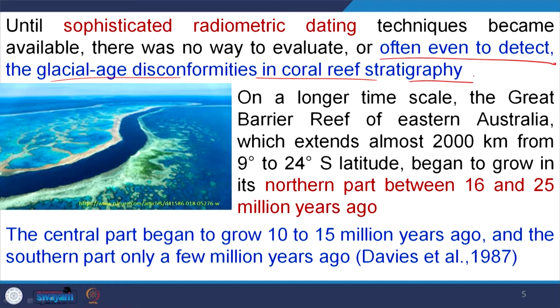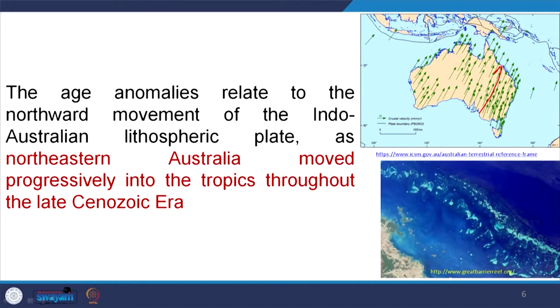So, how is it possible for a straight coral reef to be older on one side, middle aged in the middle, and younger on the other? This indicates tectonic processes, plate movement. The Australian plate is moving in a northeast direction, and here is the Great Barrier Reef system. Once it comes into a warm water climate, it develops coral reef.